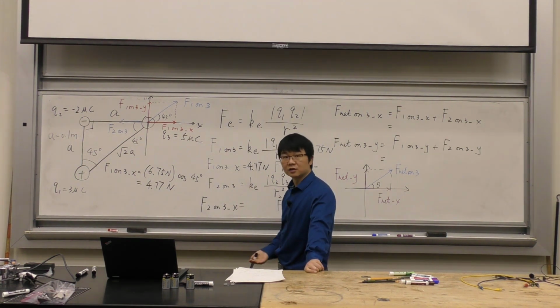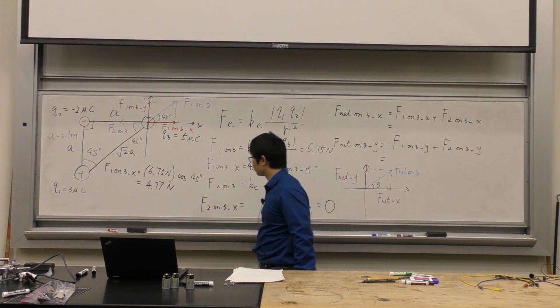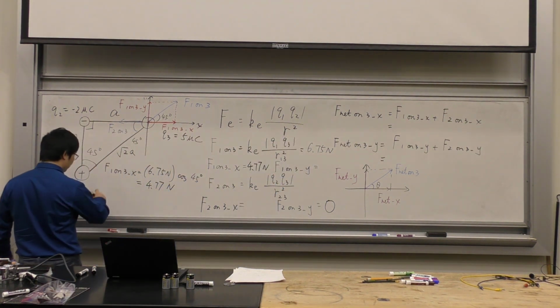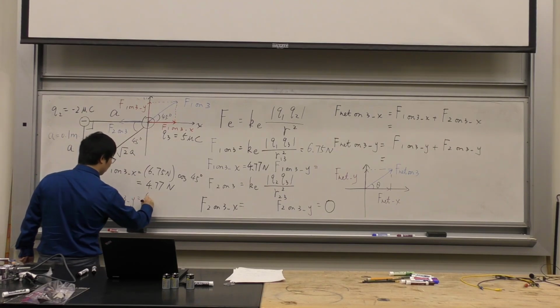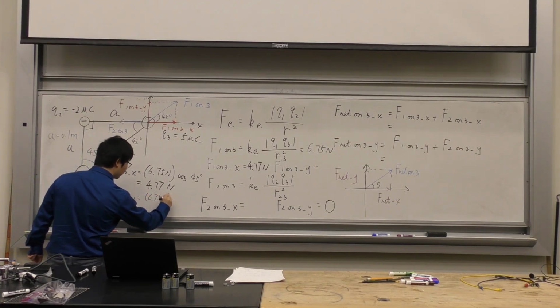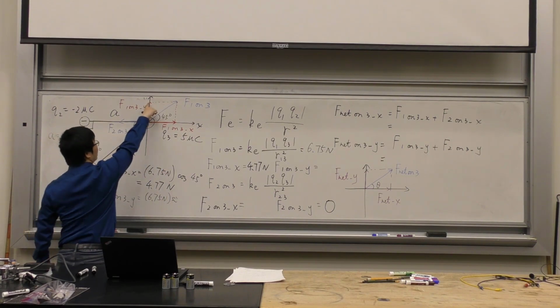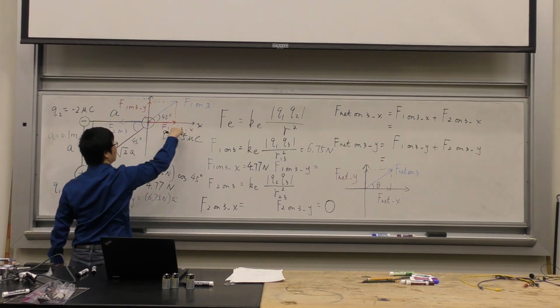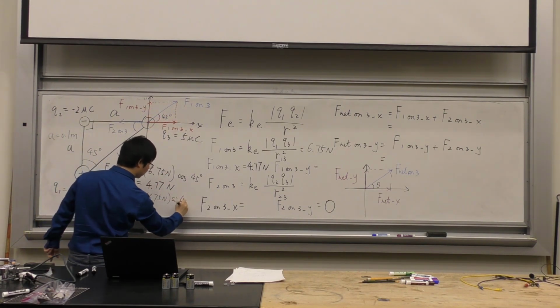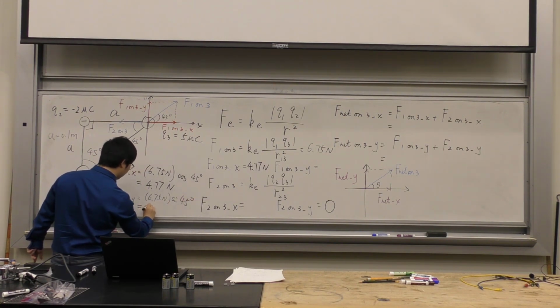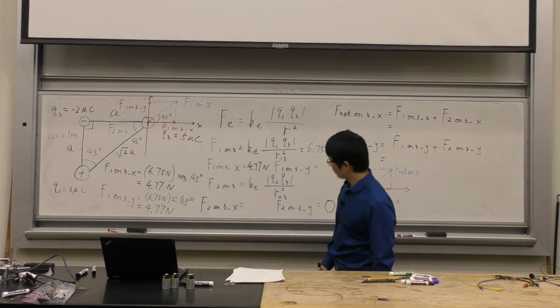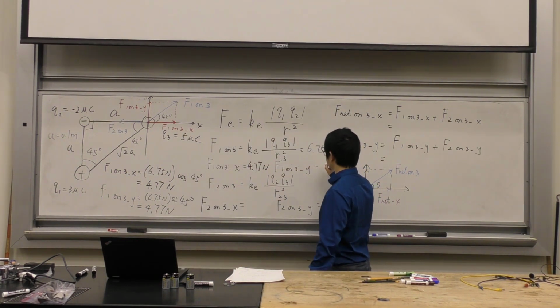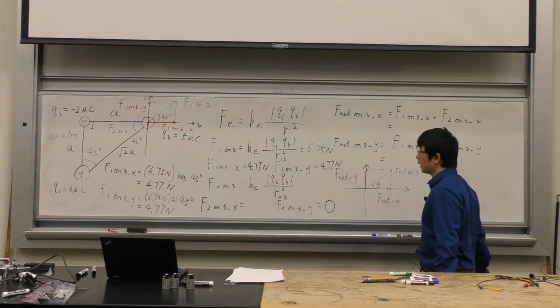We use signs to distinguish them. So the y component is 6.75 newtons times sine, because the y component is this side, which is opposite to 45. So that's also going to be 4.77 newtons, because sine and cosine of 45 are the same.